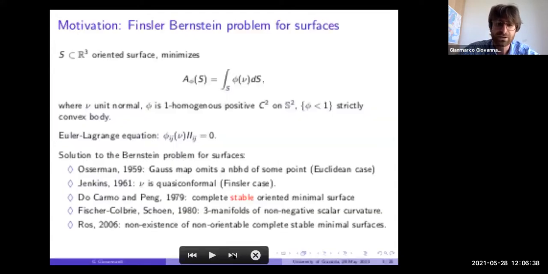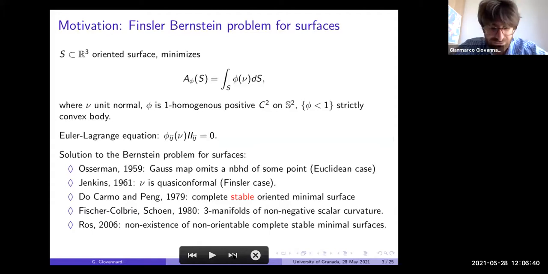So during this talk, I will focus on dimension 2. And so we'll talk about surfaces in a three-dimensional space, and we'll consider oriented surfaces that minimize the area functional.